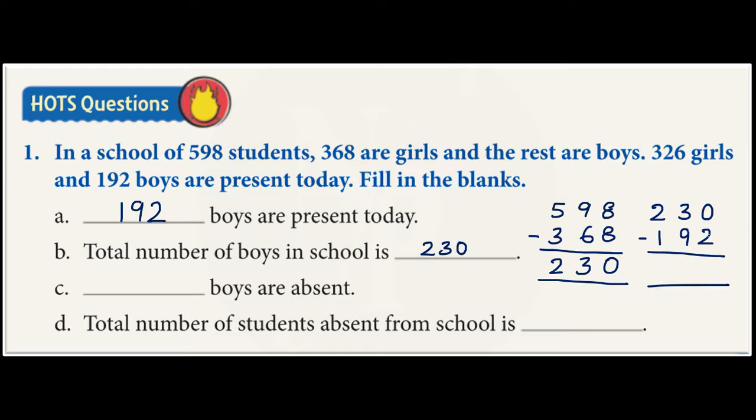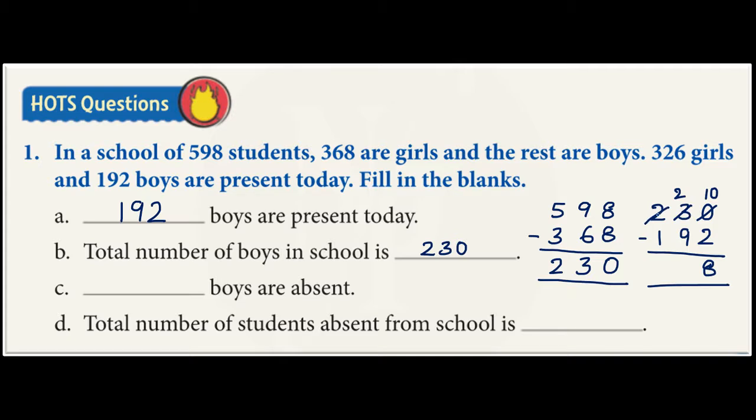Subtracting 2 from 0 is not possible. We have to regroup and we make this 3 tens as 2 tens. Now this becomes 10 ones. Subtracting 2 ones from 10 ones, we get 8 ones. And in tens column, we have now 9 tens to be subtracted from 2 tens. It is not possible. So we regroup again.